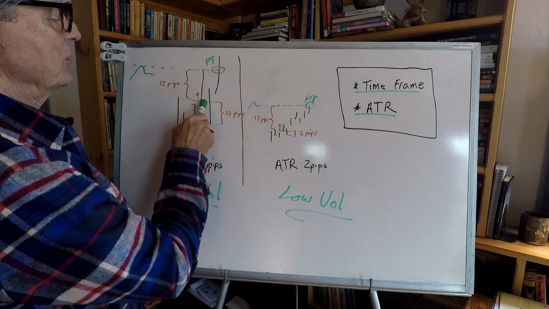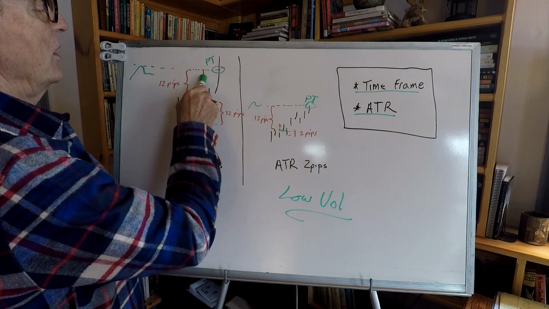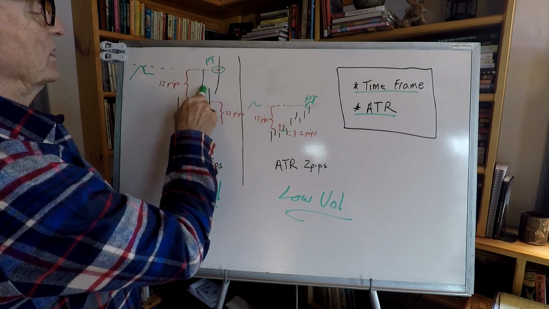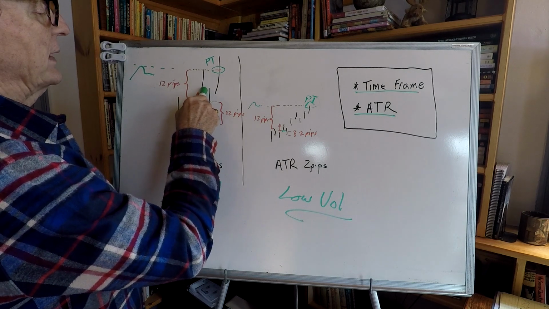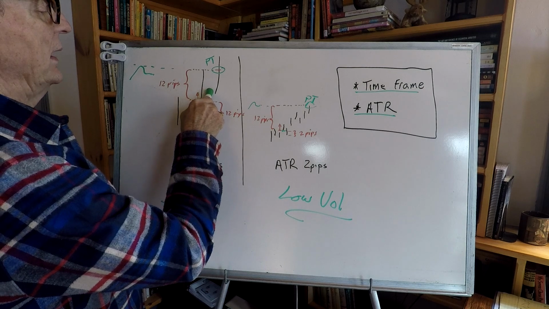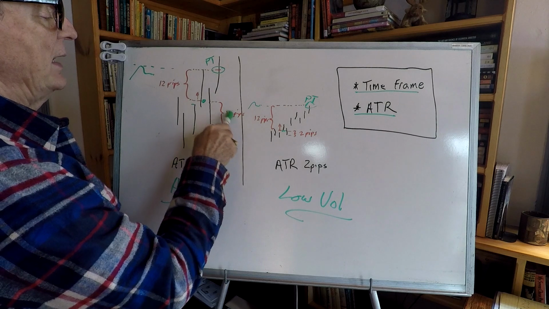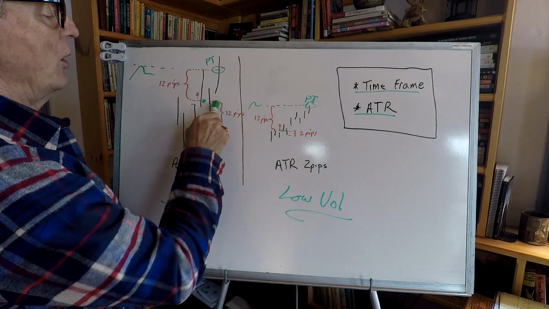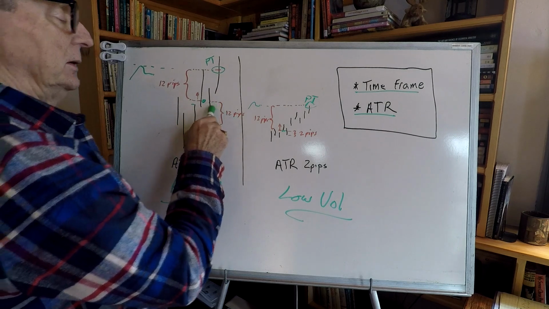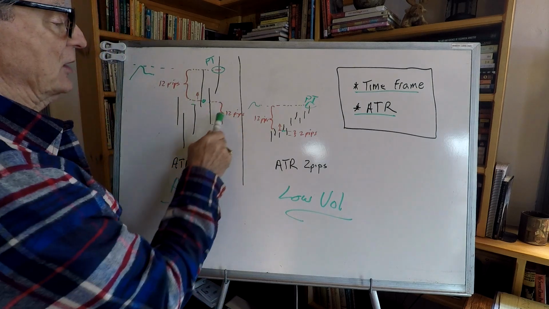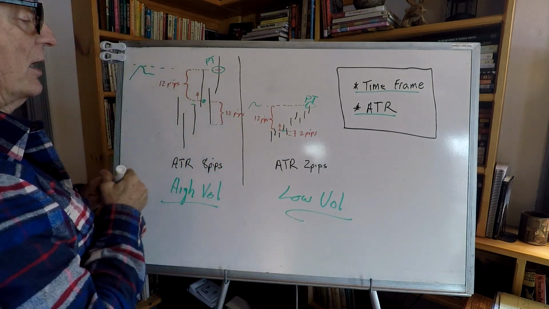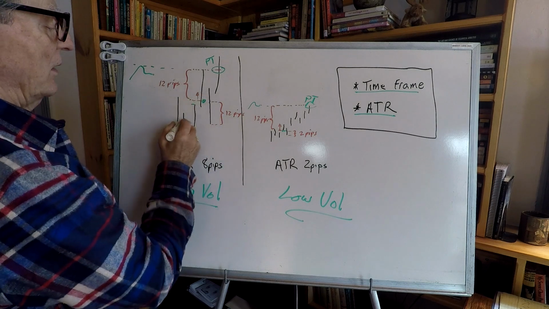Let's say I entered here, price goes up into here somewhere, and then I go to the next bar over to here, and I'm good because it still goes up, and then all of a sudden it goes down and it drops 12 pips below my entry point. So I've got a 12 pip loss.